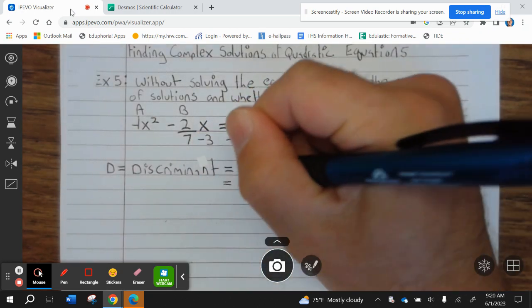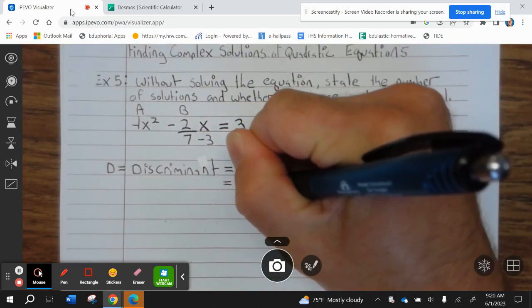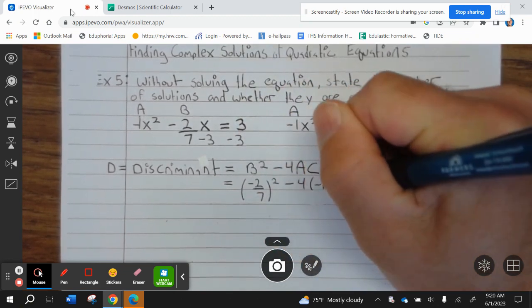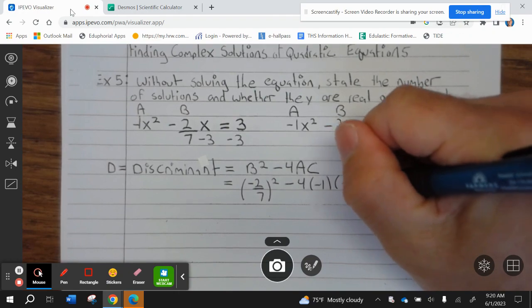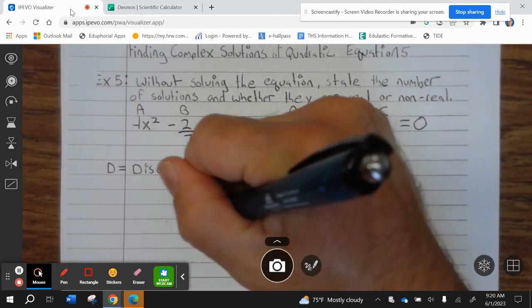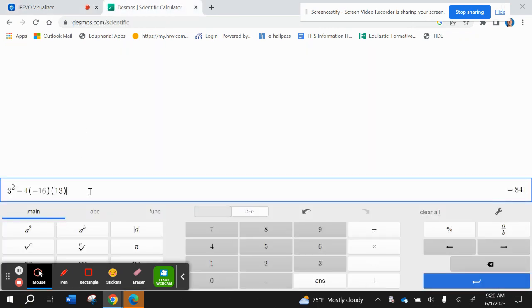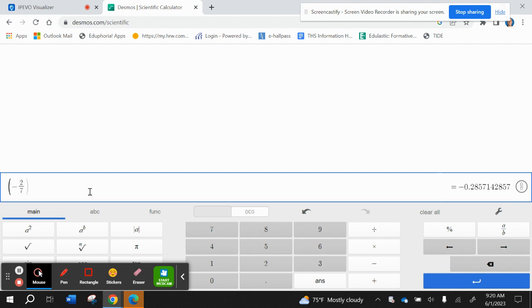So now that equals negative 2 divided by 7 squared minus 4 times negative 1 times negative 3. So let's go ahead and put that in our calculator.